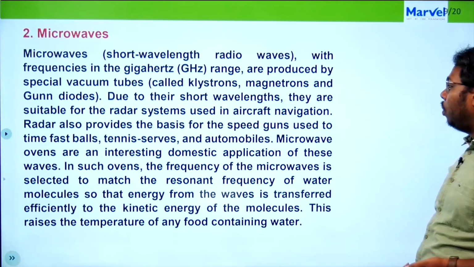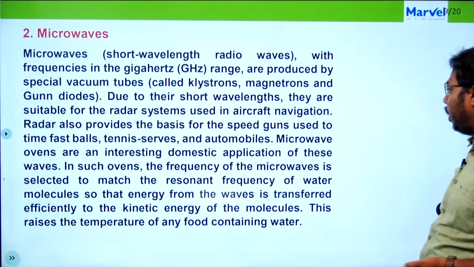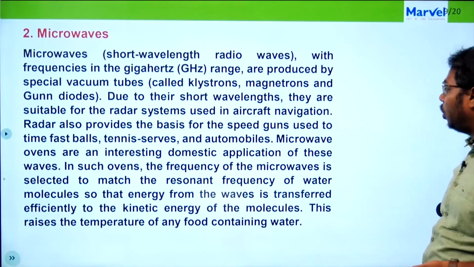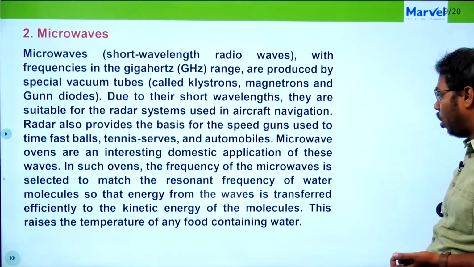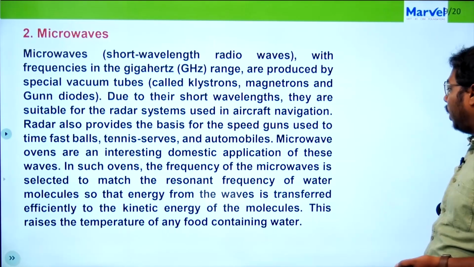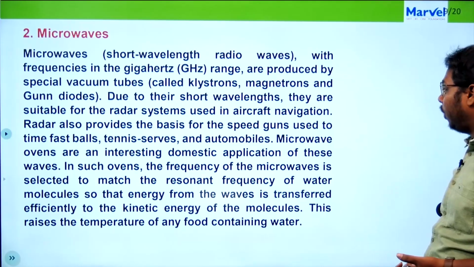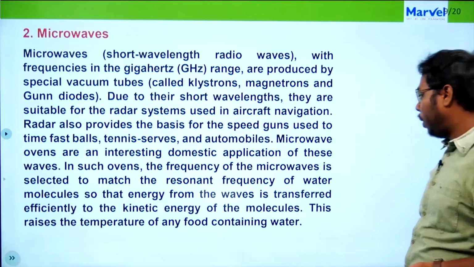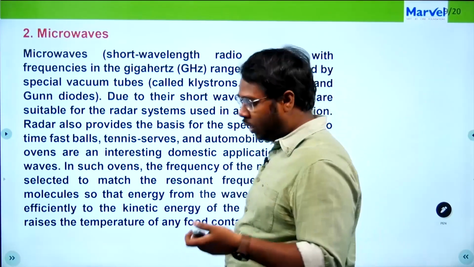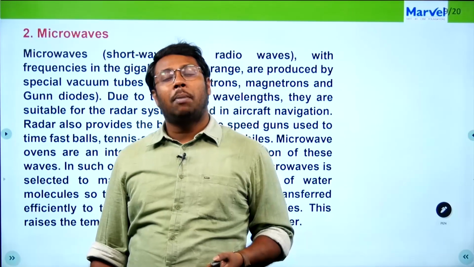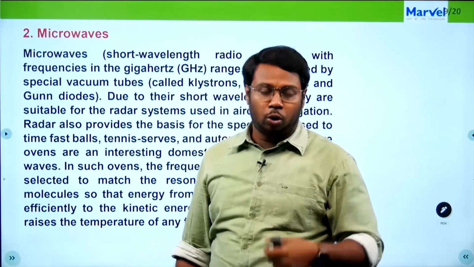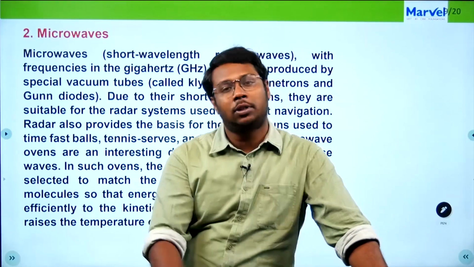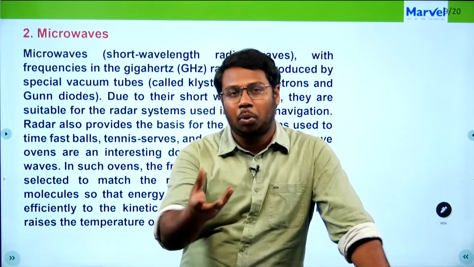The microwave oven is an interesting domestic appliance using these waves. In such ovens, the frequency of the microwave is selected to match the resonant frequency of the water molecules, so that the energy from the wave is transferred effectively to the kinetic energy of the molecules. This raises the temperature of any food containing water. The microwave is passed into a food material which has dipoles in it. Dipoles are nothing but the water molecules.